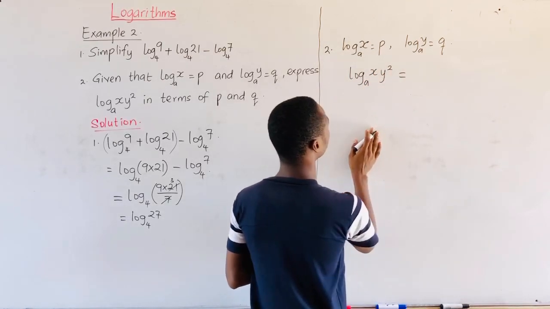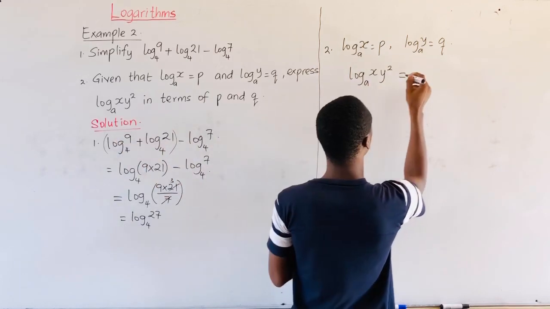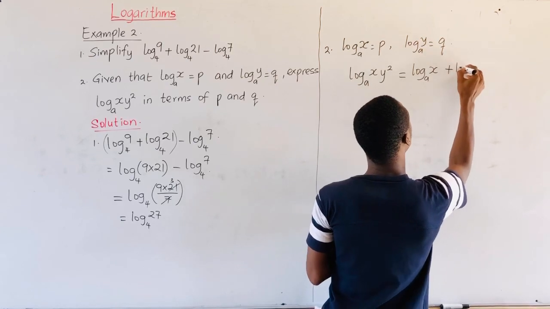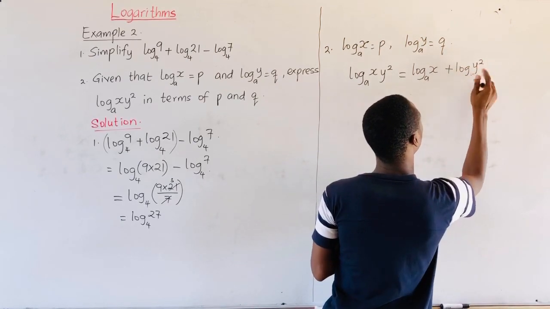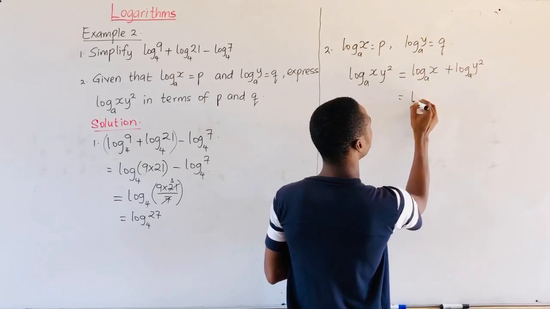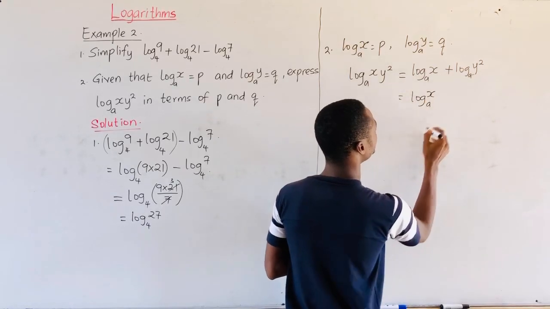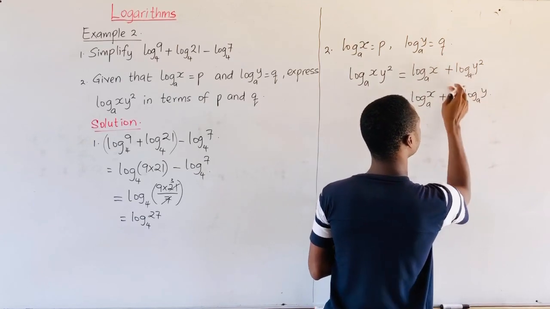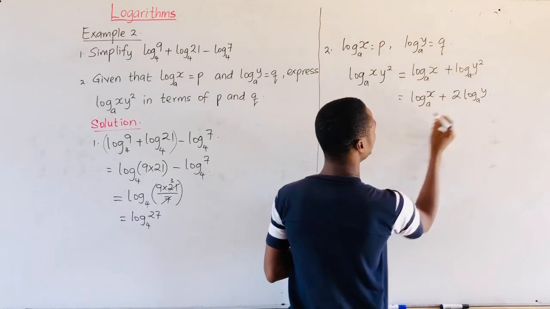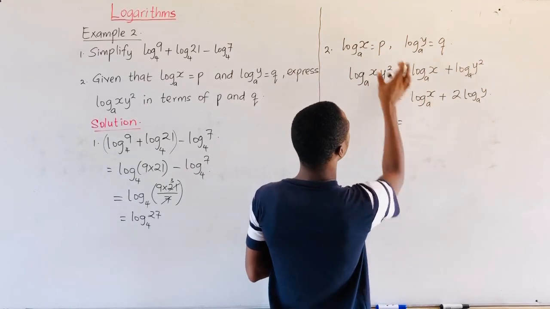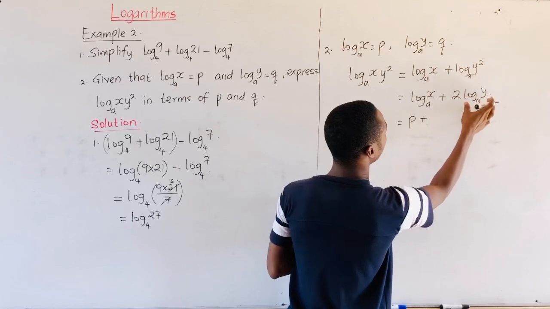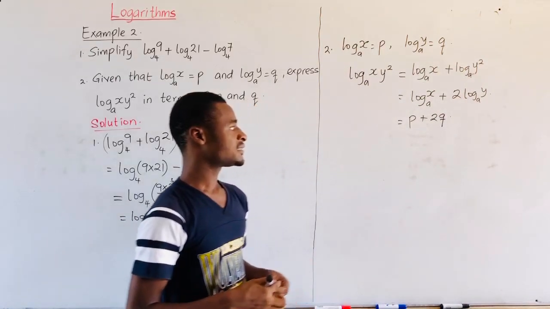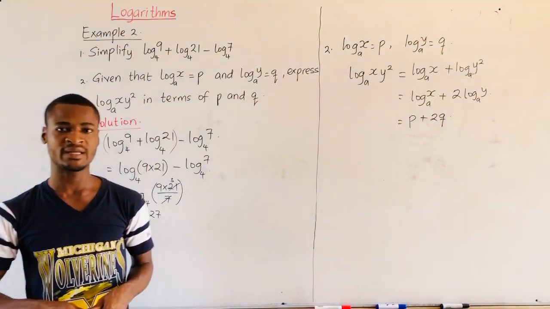And this is equal to, using the first law, we can express this as log x to the base a plus 2 log y to the base a. That is the third law of log. And then log x to the base a is p plus log y to the base a is q. So 2q. In our next lesson on logarithm, we will discuss more complex examples.